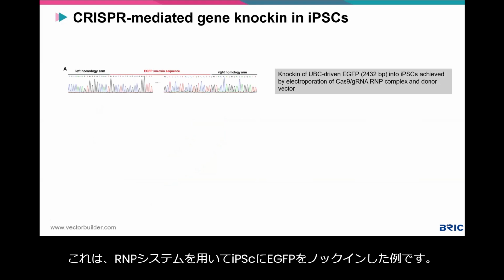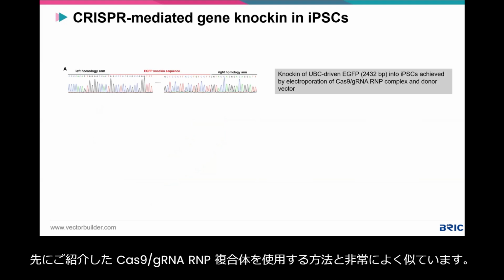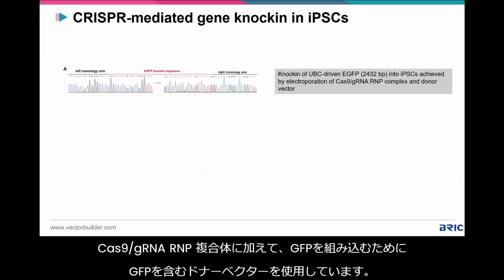So here is an example of using the RNP system to introduce EGFP, knocking in EGFP in iPSCs. So a very similar method of what I have shown you before of using a Cas9 and gRNA RNP complex. And in addition to that, we've used a donor vector, which contains the GFP to knock into the sequence.